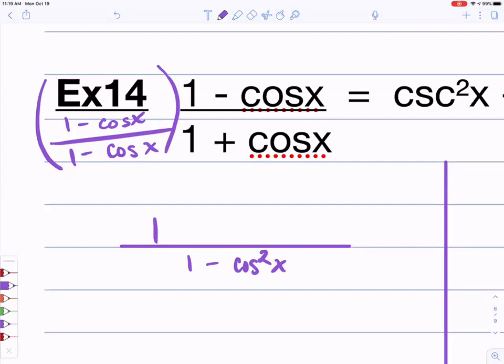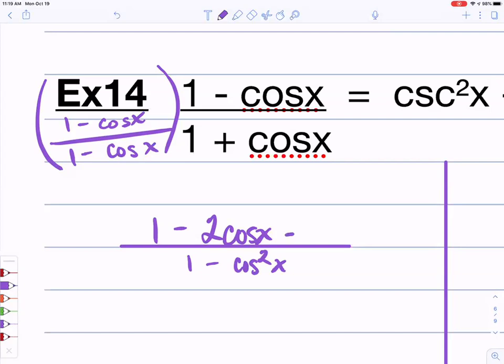What do you get? Were you saying something, Michelle? Yeah, both of them are a minus cosine. So what's a minus cosine minus cosine? Minus 2 cosine. And then what do you get when you multiply the lasts? Cosine times cosine with a negative.